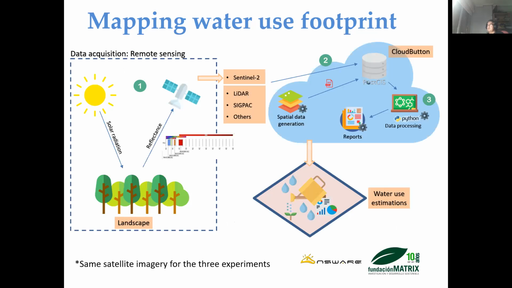So the same schema as before, but this time dedicated to water use footprint. We acquire the data, satellites, other databases, we generate the reports. After we process and generate spatial data, we are able to estimate the water use in the field or the area we have selected.